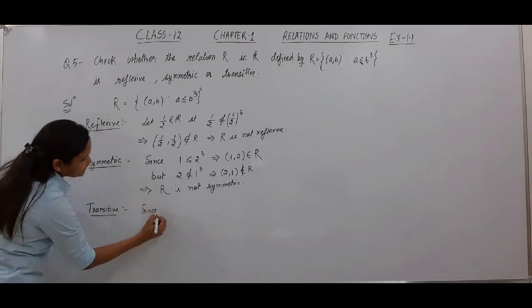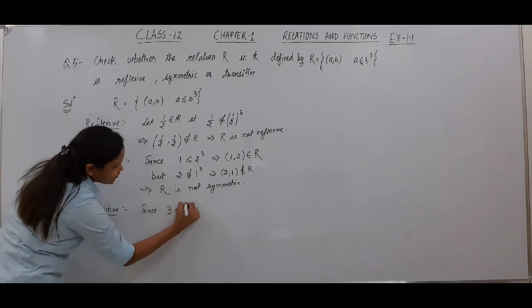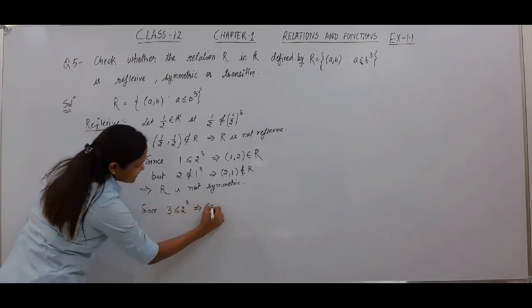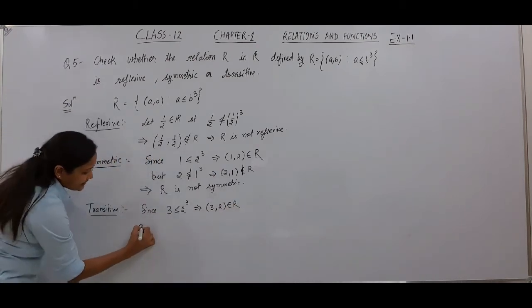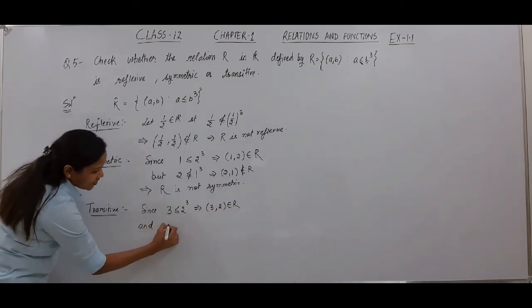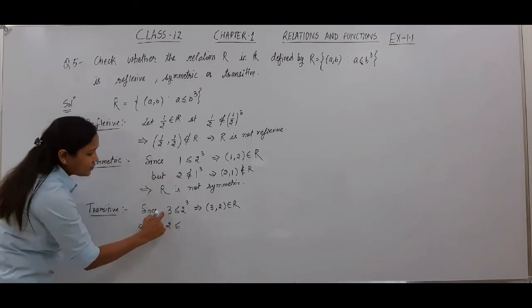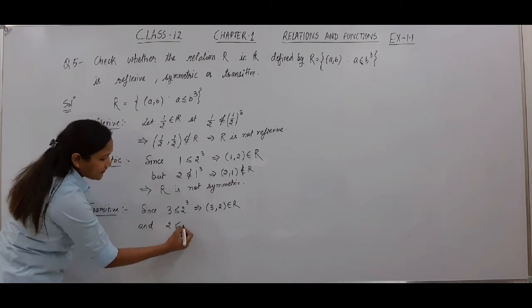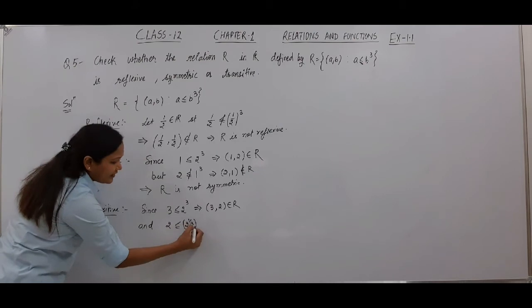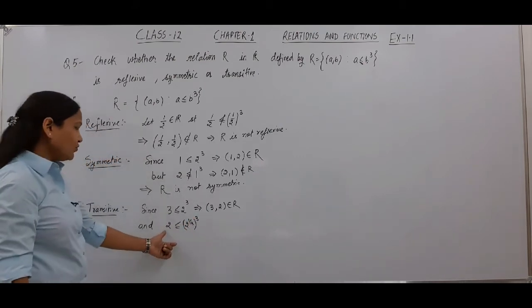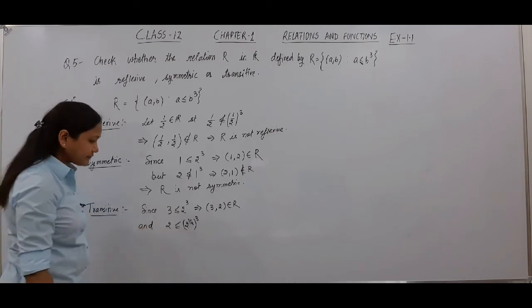Since 3 is less than equals to 2 cube, that implies 3 is related to 2, and 2 is less than equals to, आप ऐसा क्रिएट करो कि 3 बड़ा हो जाए उससे, 2 raised to 1/3 ले लो. This is again a real number, इसका क्यूब. 2 is less than equals to, ये 2 ही आ जाएगा. इक्वालिटी फिर भी फॉलो कर रही है.